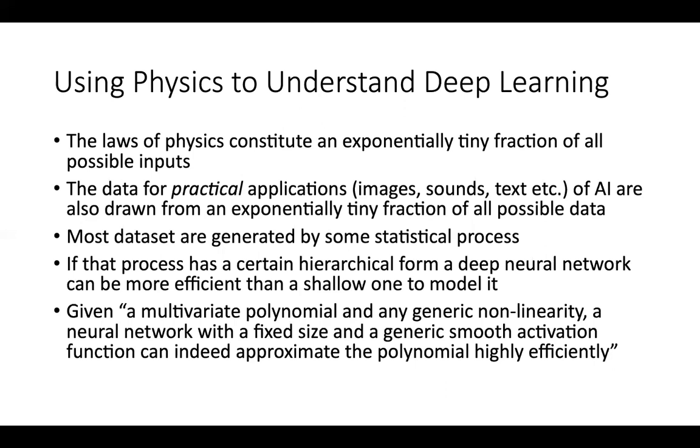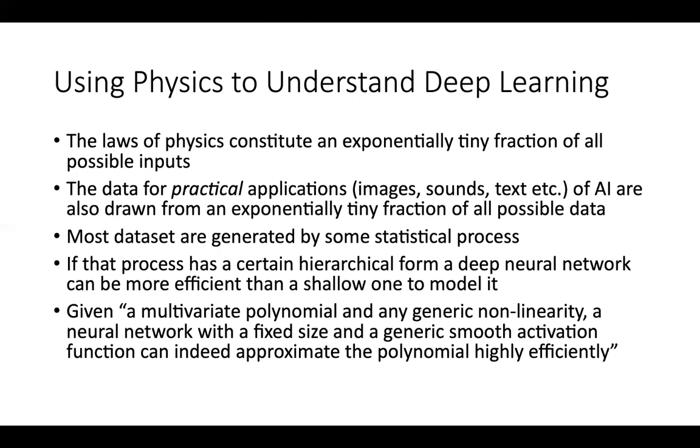This is coming from three researchers from a physics background. The laws of physics constitute an exponentially tiny fraction of all possible inputs. And if you look at the practical applications of AI and deep learning, that also constitutes a tiny fraction of all possible data. And so these data sets are generated by some statistical processes.